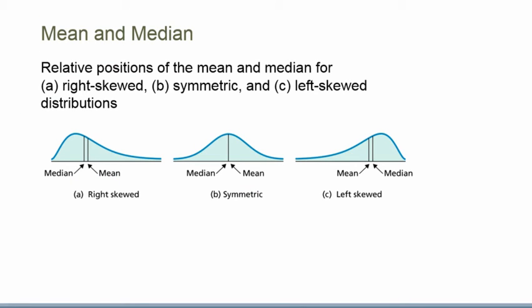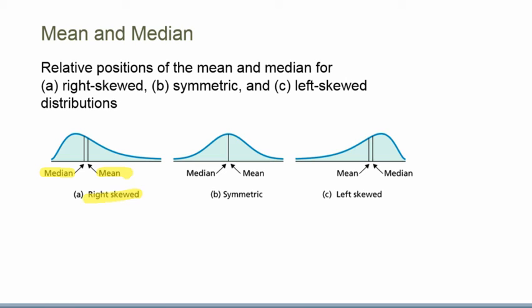Mean and median. The following 3 graphs show the relative positions of the mean and median for A, right skewed distributions, B, symmetric distributions, and C, left skewed distributions. For the right skewed distribution, the median comes before the mean.